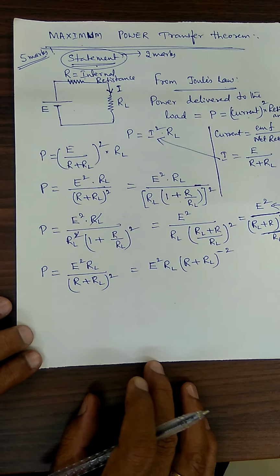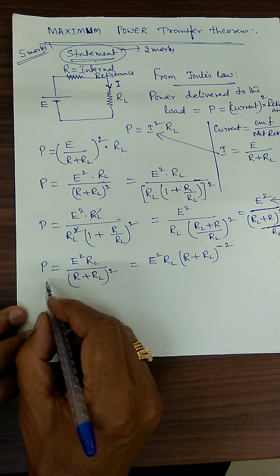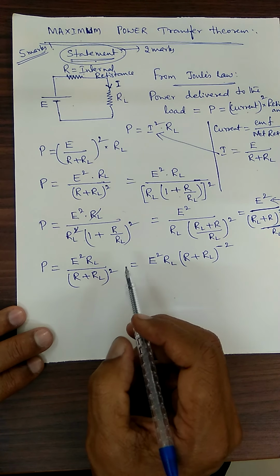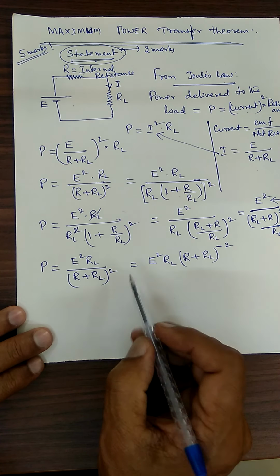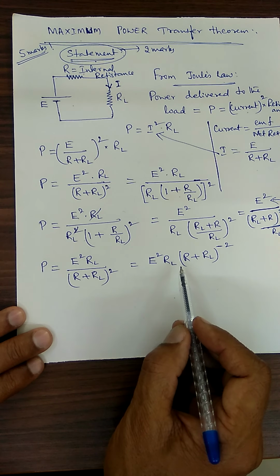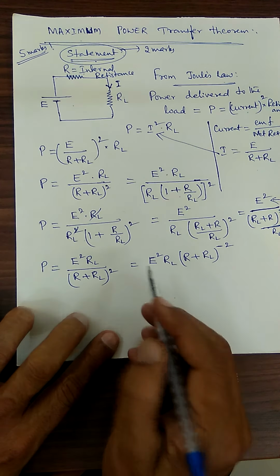Okay. Now, I want to differentiate this. Sir, why do we have to differentiate? If you want to get the maximum power, then dP divided by dRL must be equated to 0.